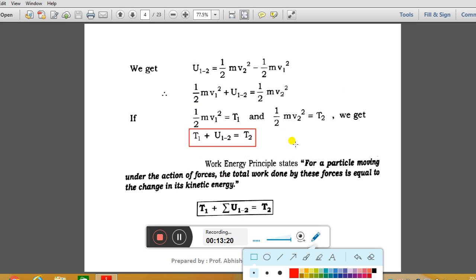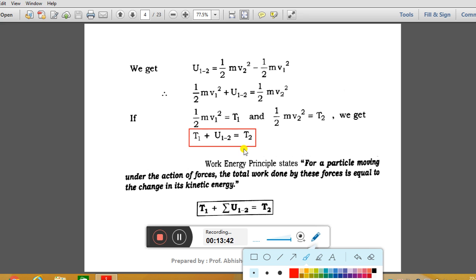So what does this equation represent? We have to discuss this. Basically this equation represents the relationship between the change in kinetic energy and the work done by the force on it.